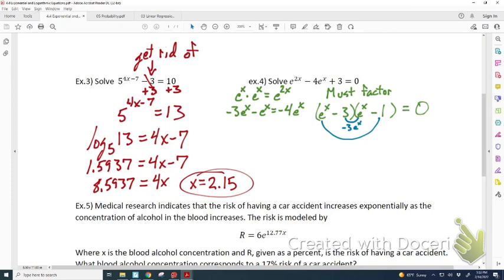So, now we just need to solve for x. We set each factor equal to 0. Get the e all by itself. Put it in log form.